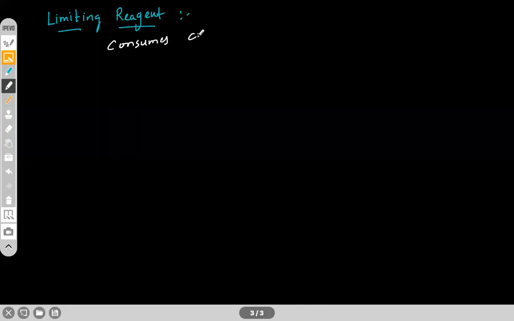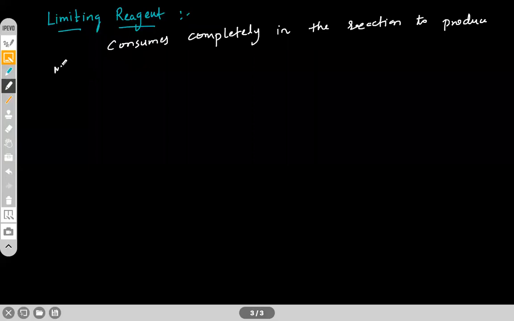The limiting reagent is the reactant, one of the reactant molecules, which gets consumed completely in the reaction to give the maximum amount of product.